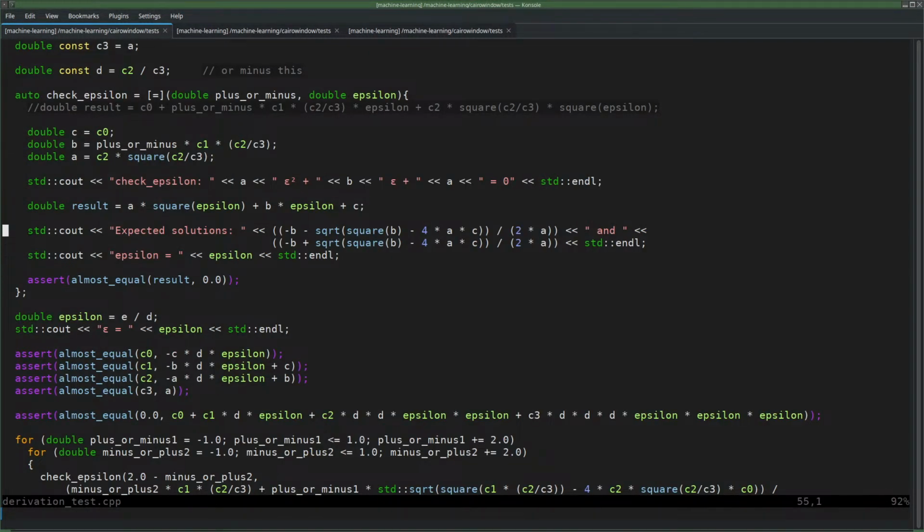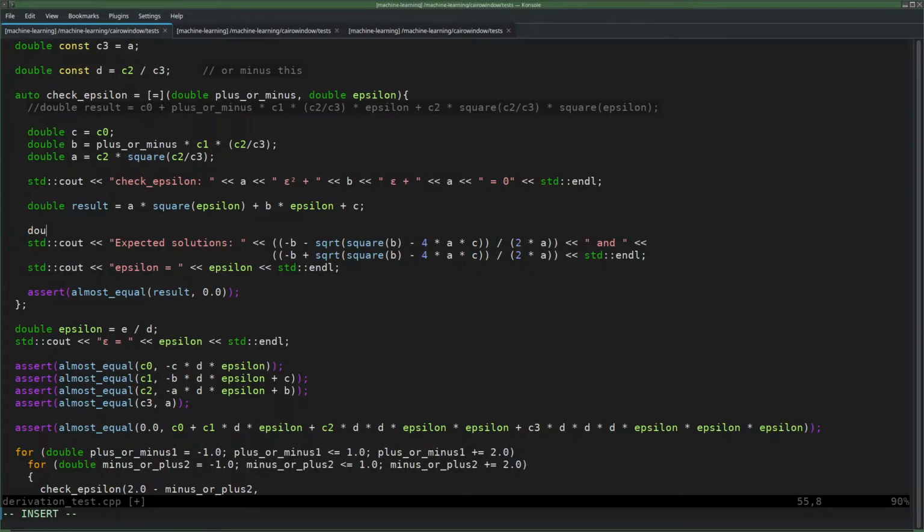Let's check if the expected solutions are really solutions.